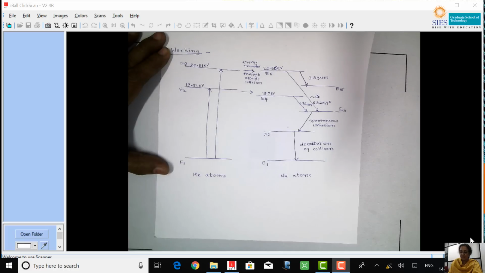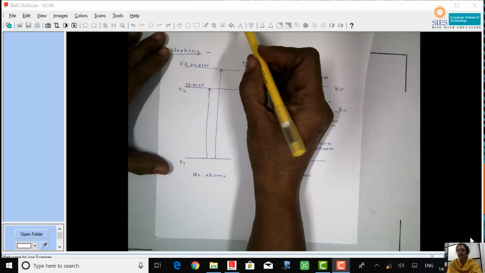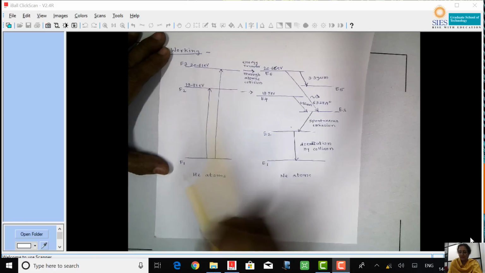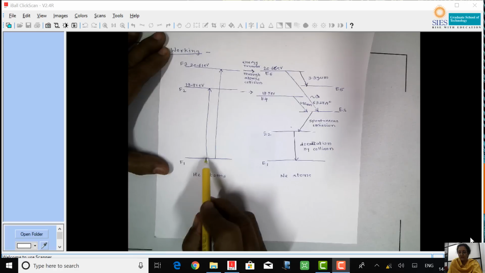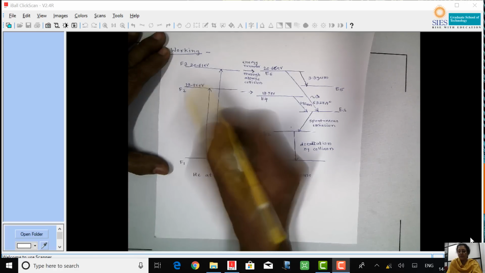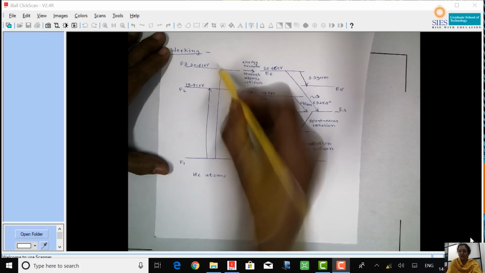Now the excited electrons pass on their energy to helium atoms, which get excited. So from ground state energy level F1, they get excited to energy level F2 and energy level F3.